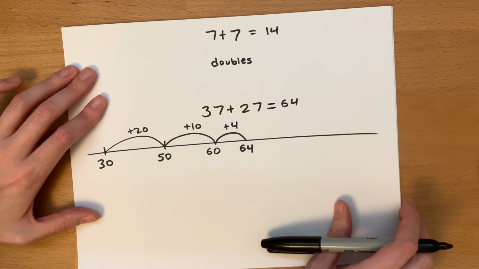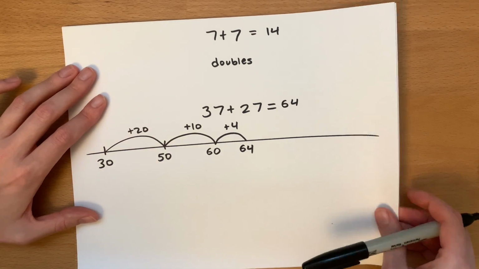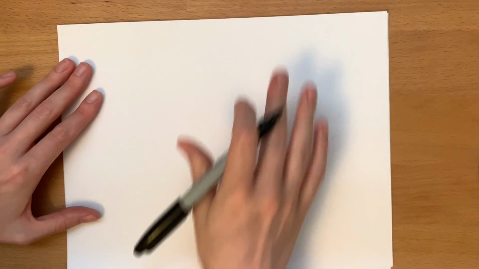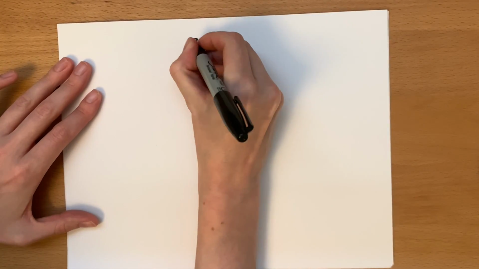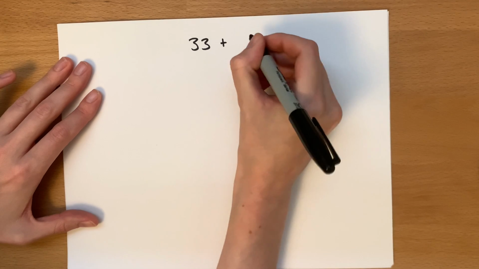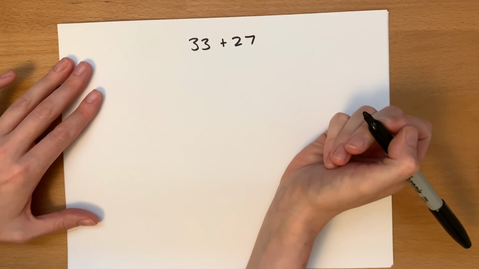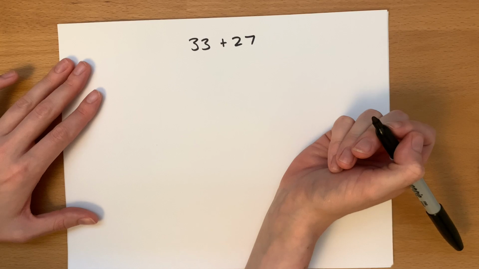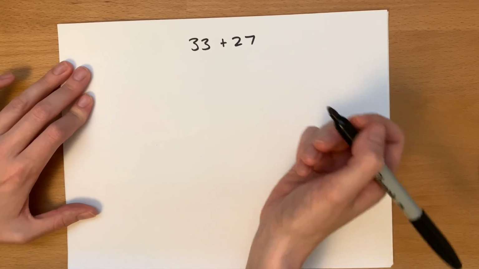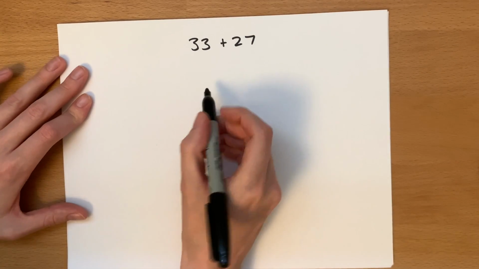Okay, we have just 2 more facts to figure out now. We're going to solve 33 plus 27. So pause and figure that one out for yourself. There are many different ways to figure out these equations.